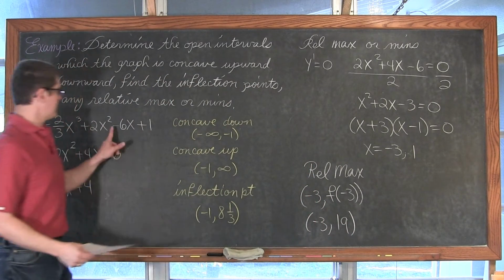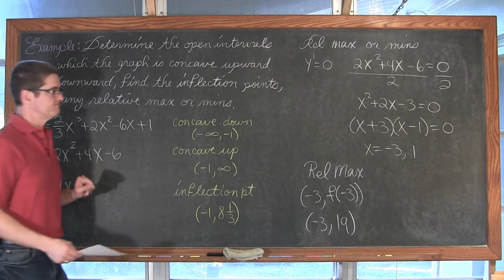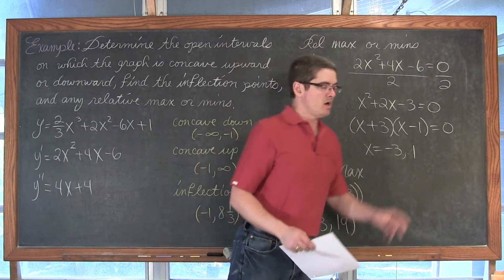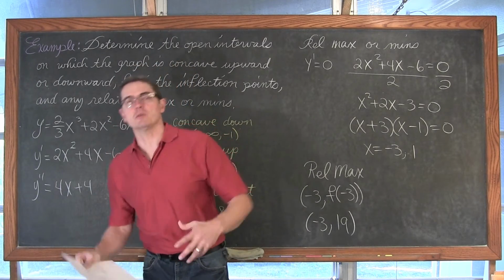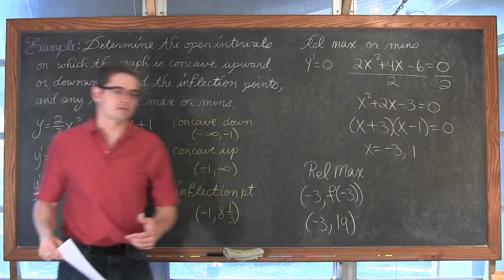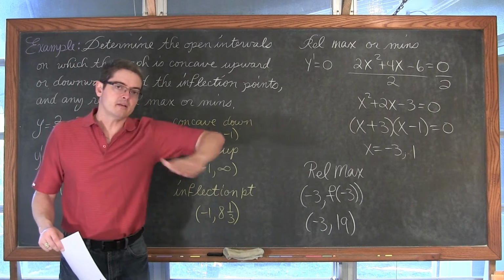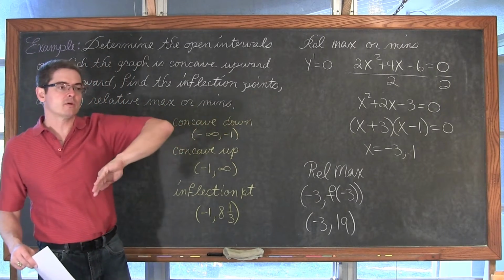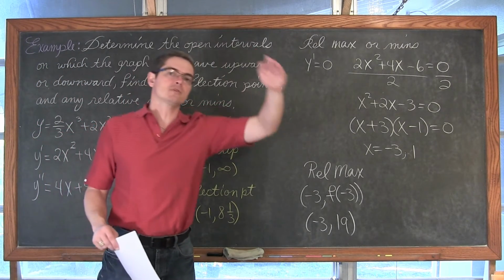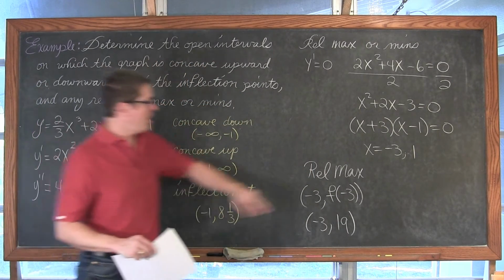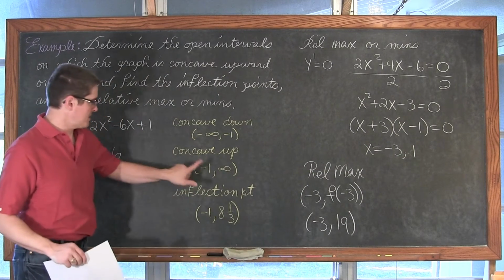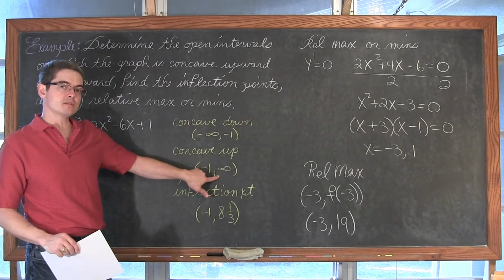Now remember, I'm plugging that negative 3 back into the original function. Okay, my other critical value is at 1. Again, the second derivative test says where the first derivative is equal to 0, if the second derivative is positive, then we have a relative minimum. If the second derivative is negative, so it's concave down, we have a relative maximum. At 1, that is in this interval where the function is concave up.